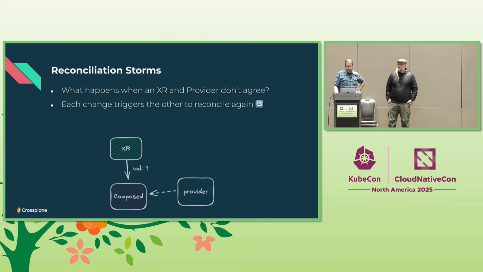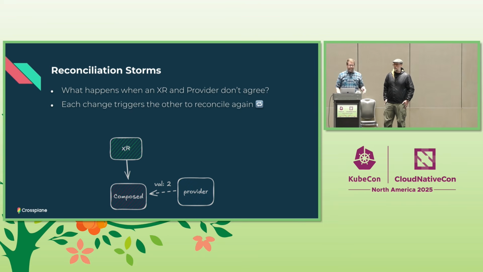This composite resource runs its composition, its function pipeline, and it says that for this particular composed resource, it should have a value of 1 somewhere in its spec. That invokes an event because the composed resource was updated. The provider is watching for those events. It goes to reconcile it, say, with an external service like a cloud provider, and then it comes back and says, actually, that value should be 2.